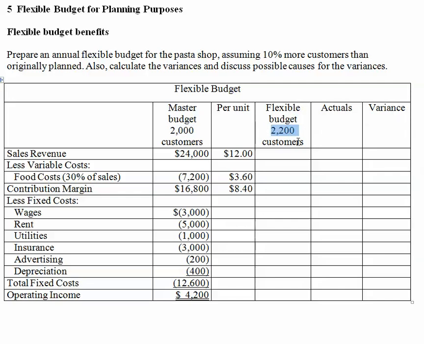Now what does that mean in terms of what we should have made, given that we had 2,200 customers? So what you do is take your 2,200 customers and multiply it by your $12. Basically you're saying your sales revenues should have been 26,400.